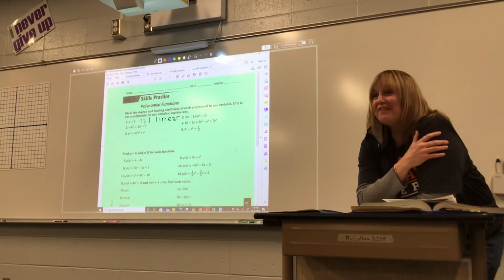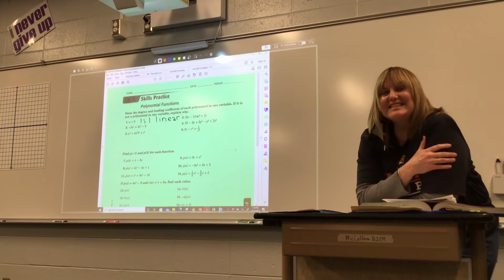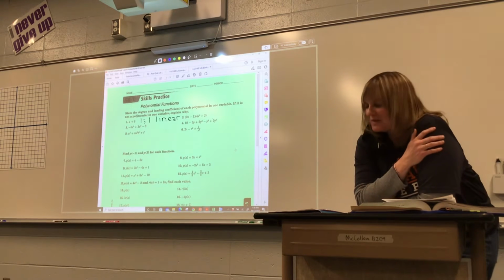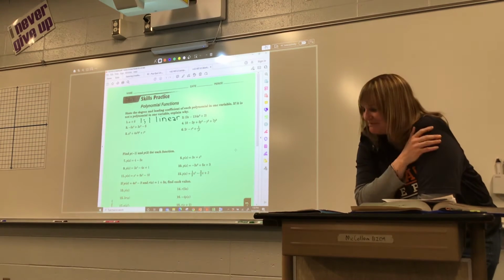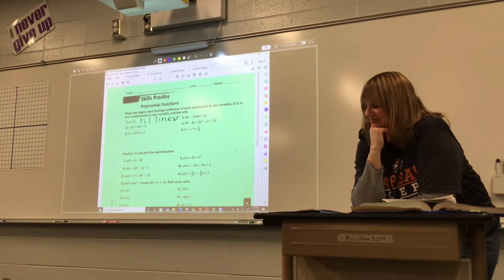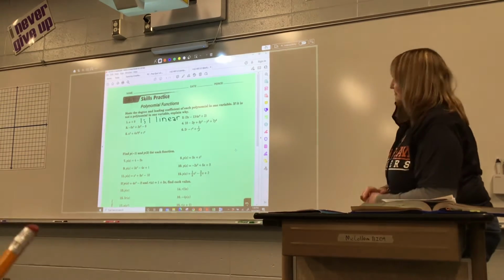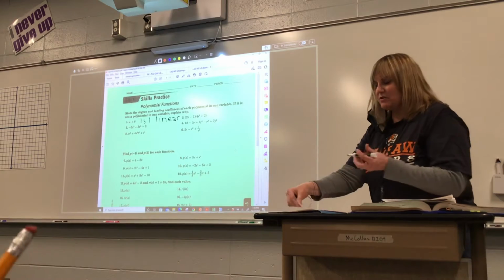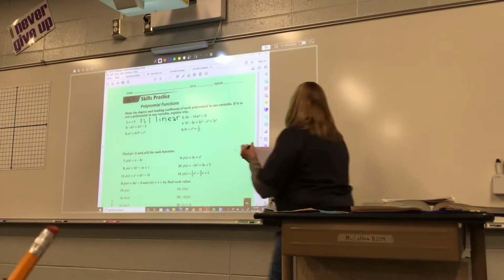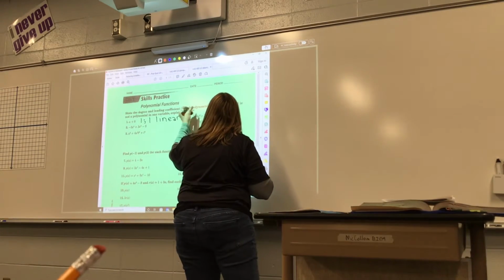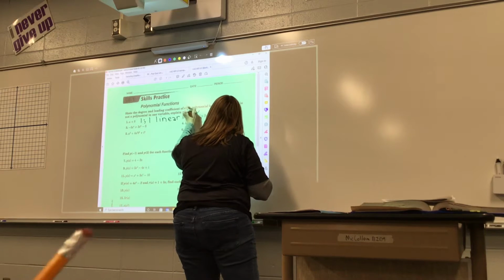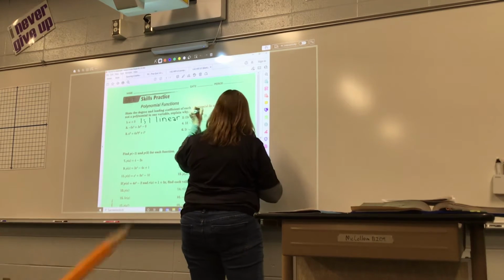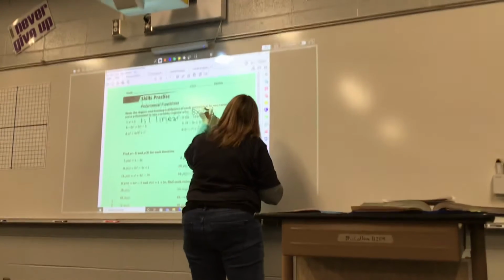What do you have for the product in standard form? What do you think? Do you have it, Lily? 8x to the third minus 4x to the second plus 6x minus 3. Good. That is correct. I'll write it up here. We have 8x cubed minus 4x squared, oh shoot, I put plus.